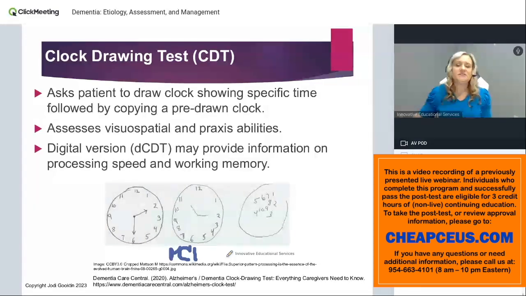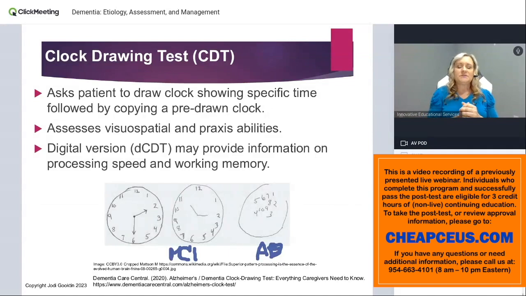This would be the individual who was able to pretty much get the numbers around there. Spacing isn't great, but it definitely resembles a clock. It has the right numbers. But what happened is when it came time to draw the hands, they had forgotten what time they were supposed to draw. And then on the far right, this is someone who has Alzheimer's disease, where it doesn't even resemble a clock. Spatially, the number orientation, there's no time. So it has little resemblance.